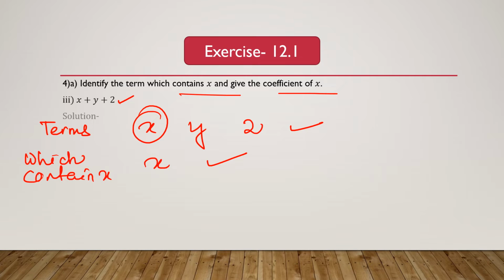And coefficient of x is 1. So x is 1 multiplied with x, and the coefficient of x is 1.